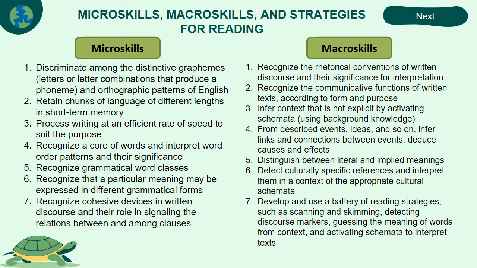The last micro skill is to recognize cohesive devices in written discourse and their role in signaling the relation between and among clauses. The last macro skill is to develop and use a battery of reading strategies such as scanning and skimming, detecting discourse markers, guessing the meaning of words from context, and activating schemata to interpret text.